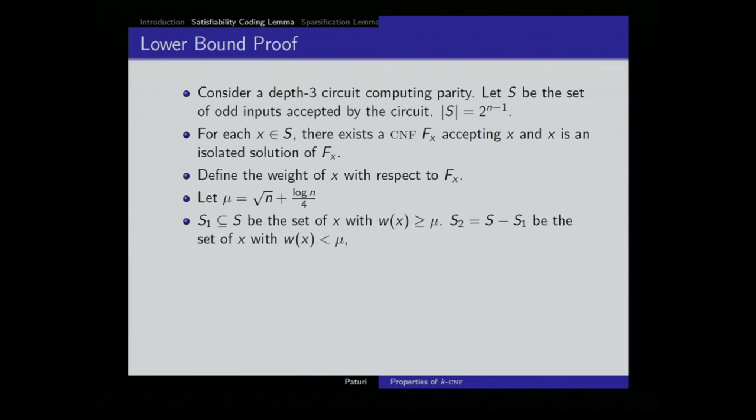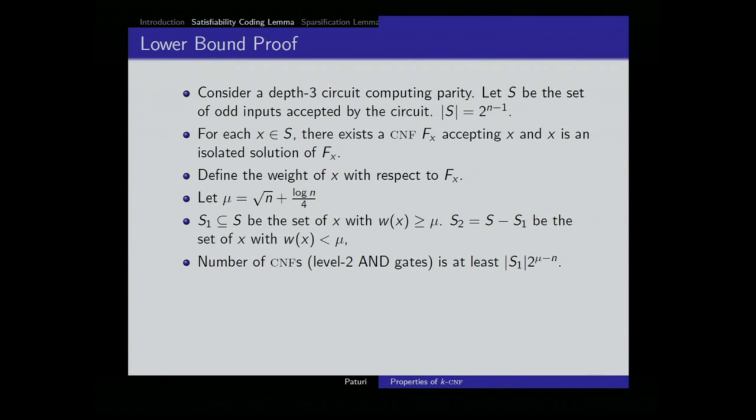So we look at the solutions, or the satisfying assignments, of this depth 3 circuit: those with weight at least mu, and the rest. We focus on the large weight inputs.